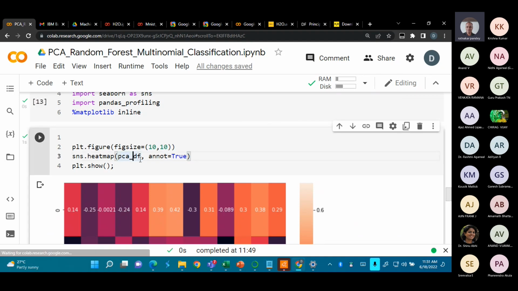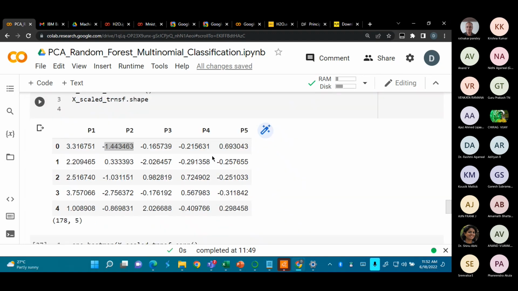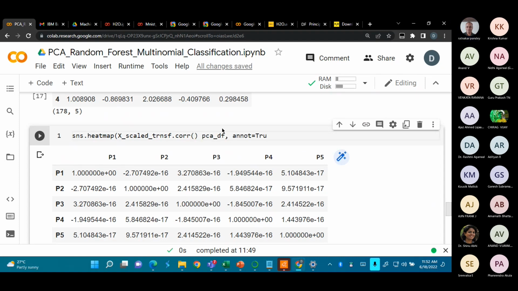For the heat map, you have to pass this array and annotation true. So we'll follow exactly the same thing, and the reason I'm showing you is so you can see the benefit of having this. So this is our array. Annotation is true.